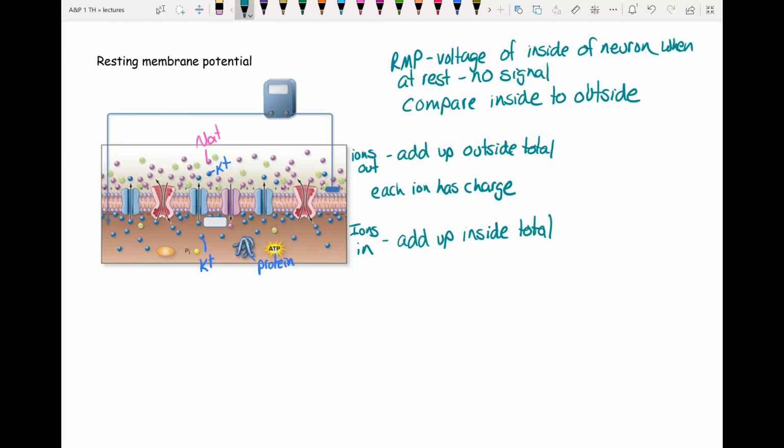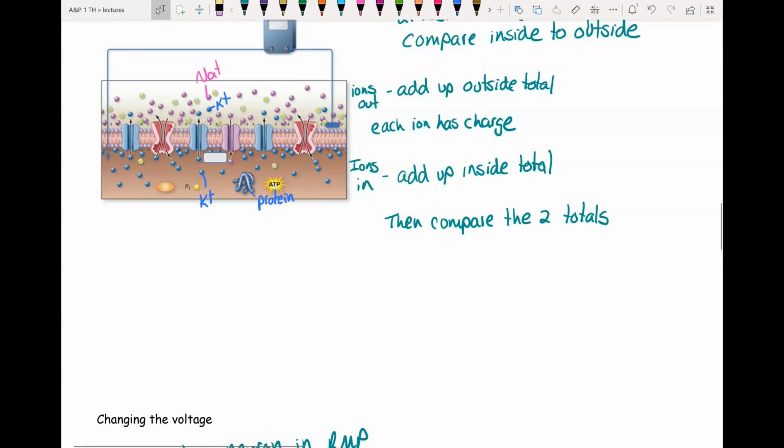Then you compare these two totals to each other. You assign a number to the inside based on this comparison.